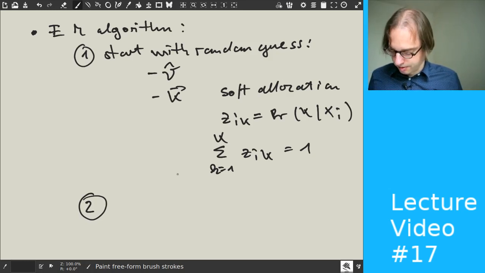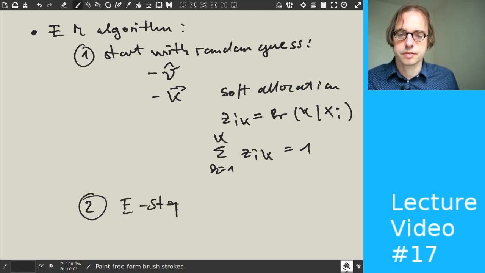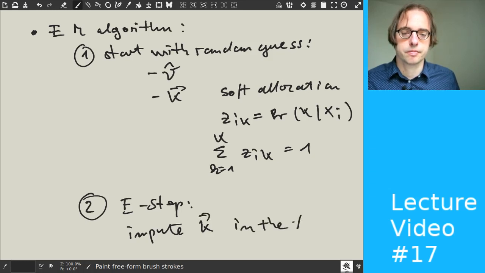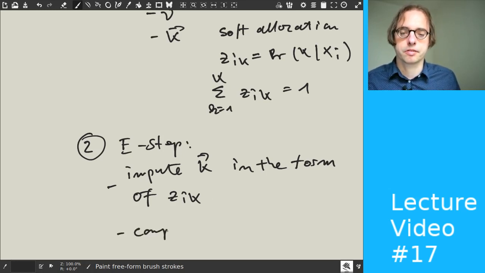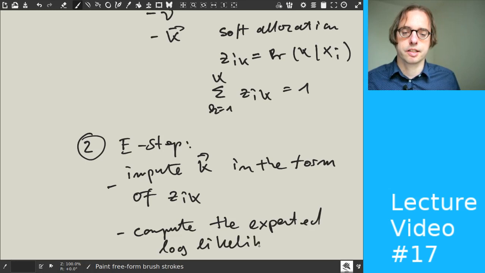So in the expectation step, so in the E step, we impute k in the form of the zik, and it's called expectation because it has two parts: impute the latent variables, and then we compute the expected likelihood or expected log likelihood.